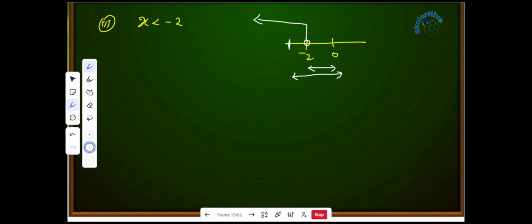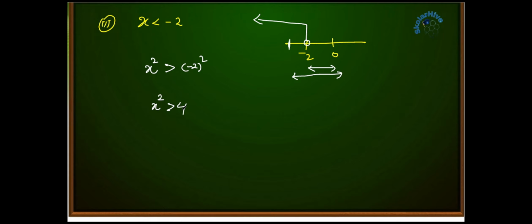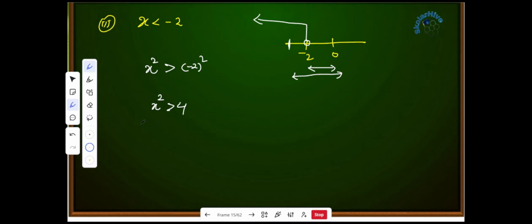So if you take the square of x over here, as both the numbers are negative, the sign will reverse, so x square value will be greater than 4. If we think in another way, it means x square value is greater than 4, which is nothing but x square belonging from 4 to infinity, both open interval, because here we have an open interval.